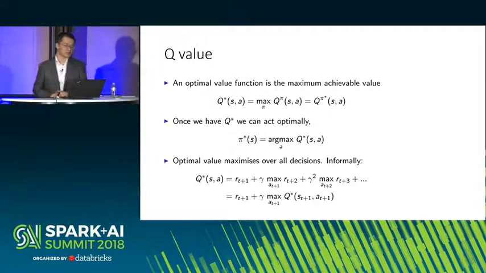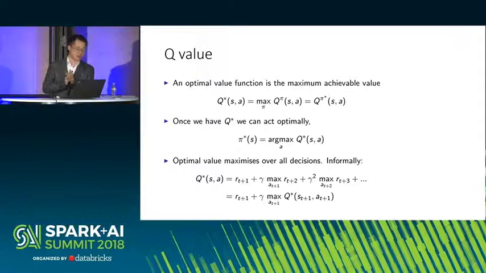So for the Q value, an important thing to understand is why we want to get this Q value. Q value stands for the value of an action in a state. And here, Q star (s, a) means the maximum value that we can get. Once we get all the Q star for each of the actions, we can just use an argmax that chooses the action with the max value.